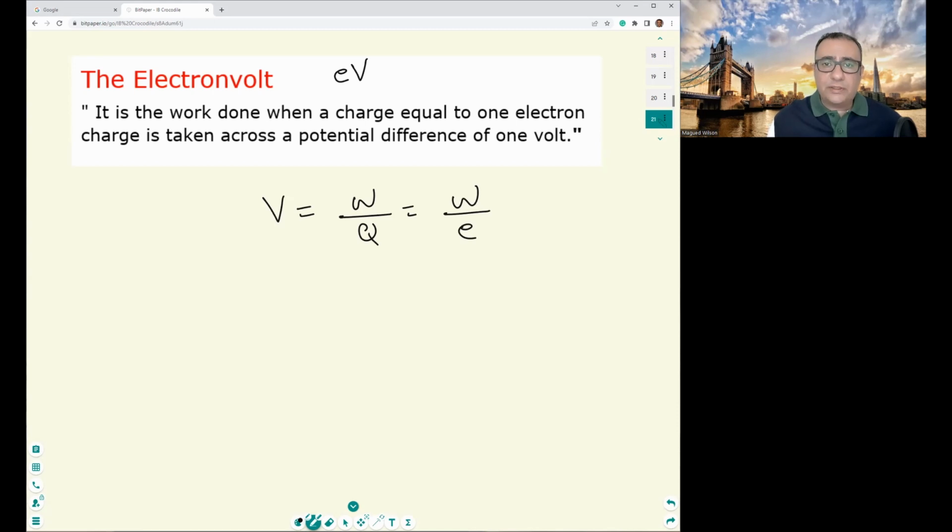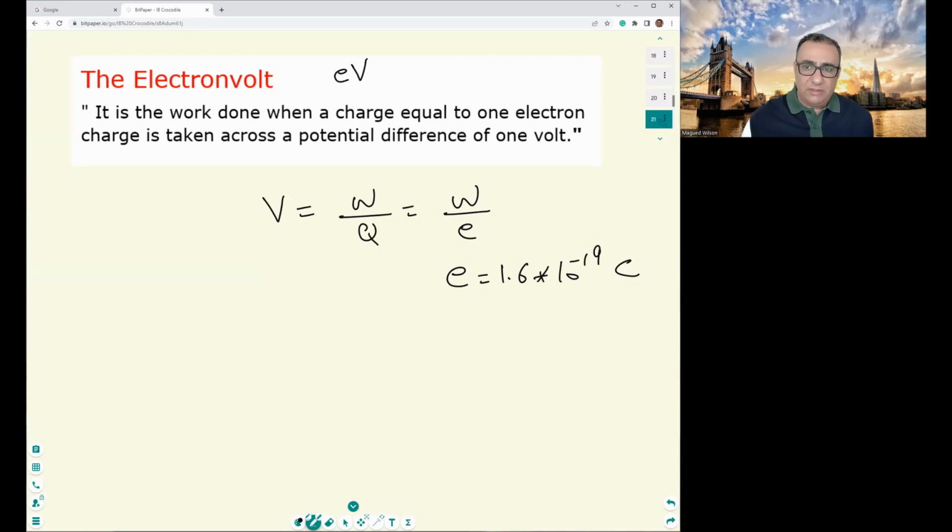And in your booklet, you may find it, of course. e is equal to 1.6 times 10 to the power of negative 19 coulomb. So this is the elementary or fundamental charge of the electron.